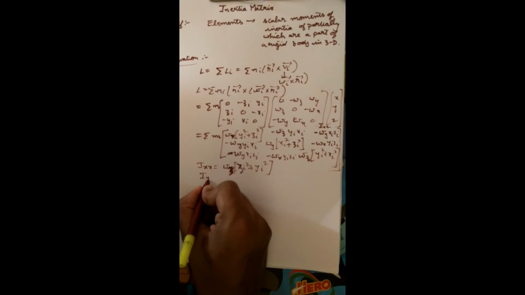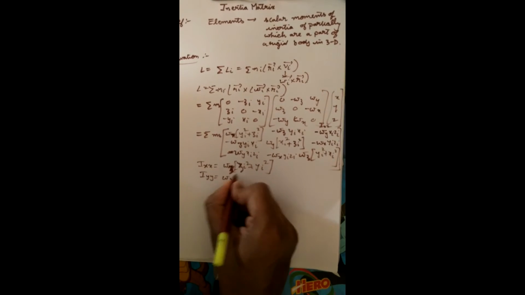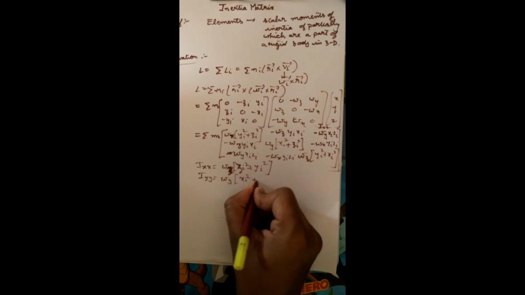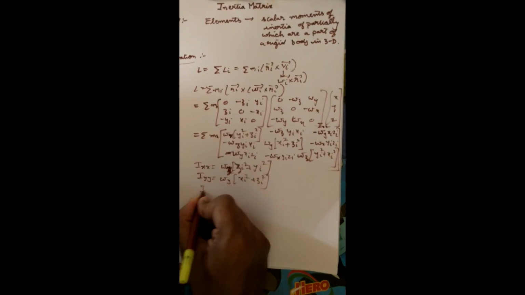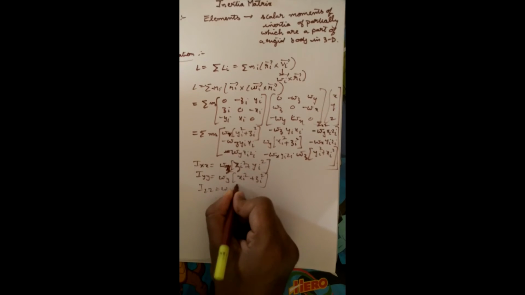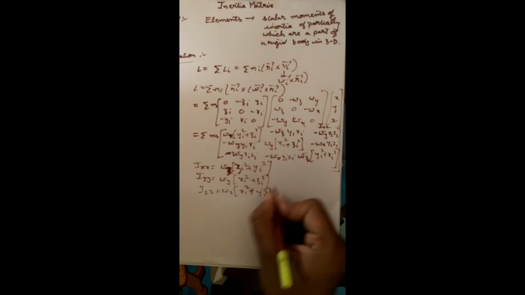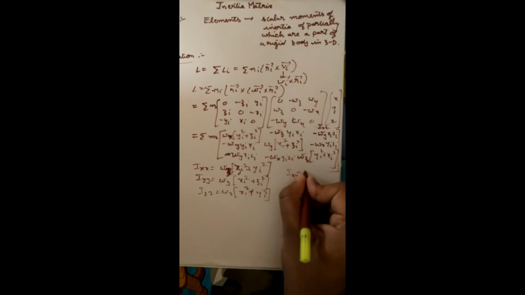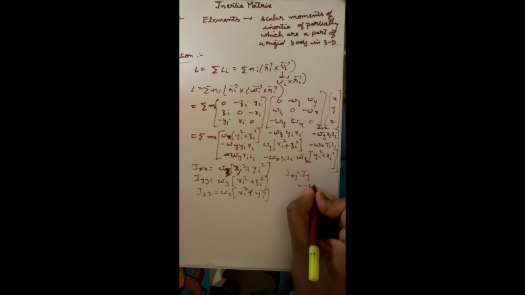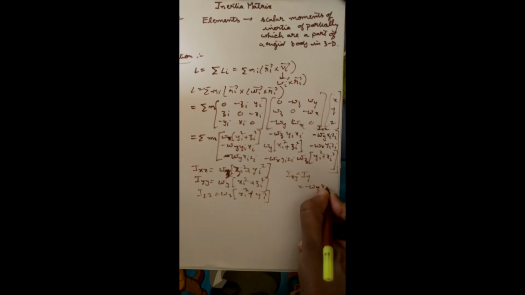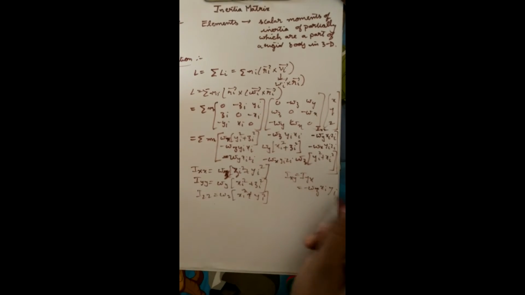Similarly, iyy can be written as omega y into (xi square plus zi square). Izz can be written as omega z into (xi square plus yi square). And all these terms ixy equal to iyx can be written as minus omega z xi yi. Similarly, other terms can be generated in this way.